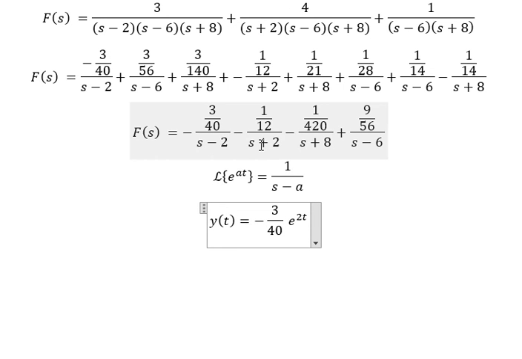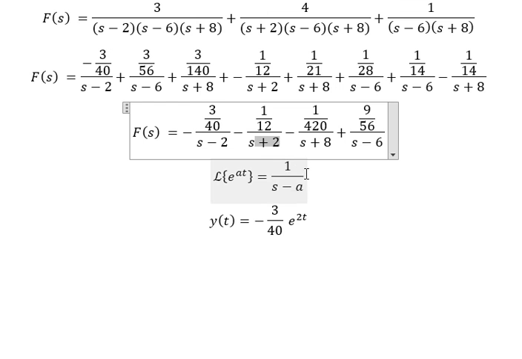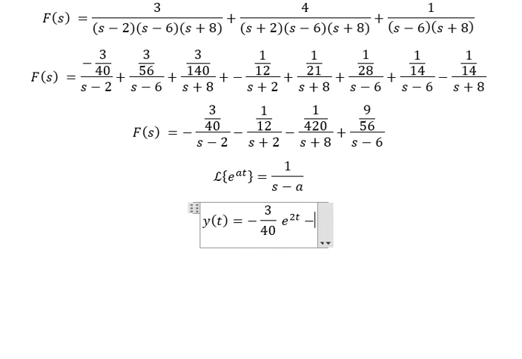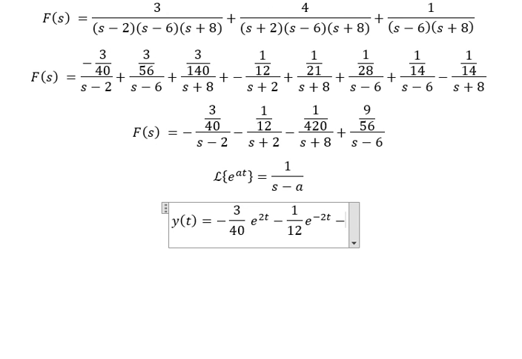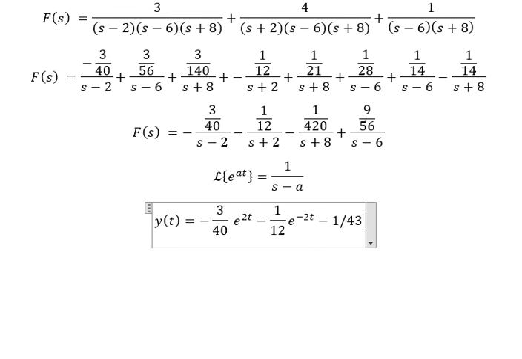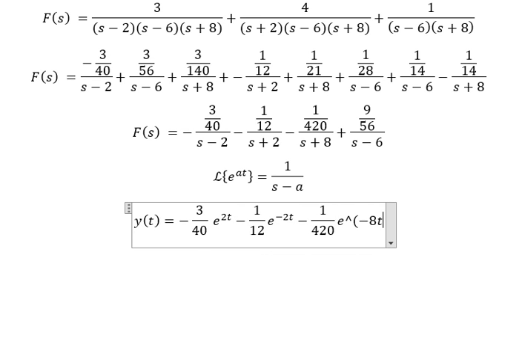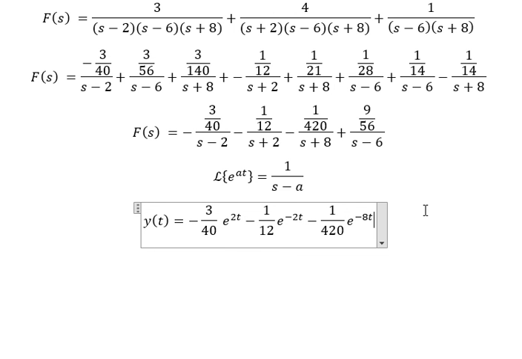The next one that is about positive number 2, so a equals to negative number 2. The next one that is about negative 8. The next one that is about positive number 6.